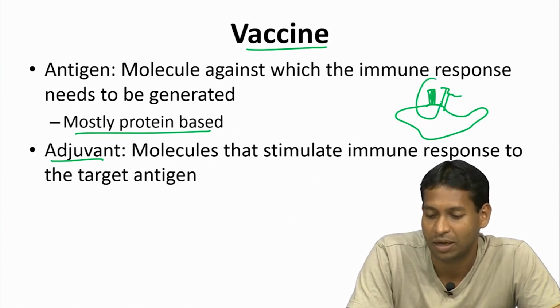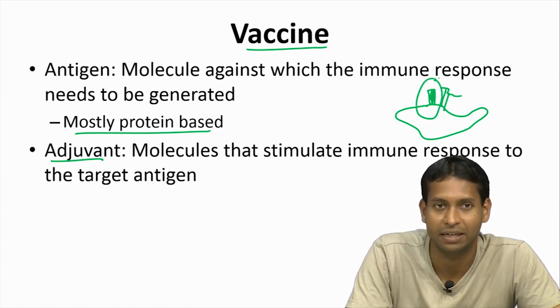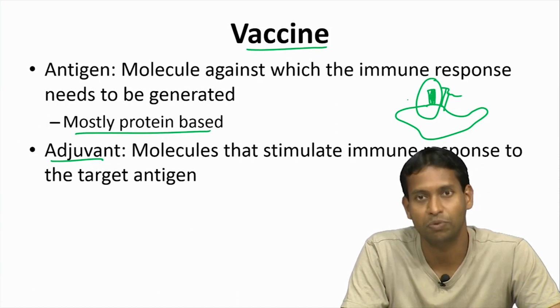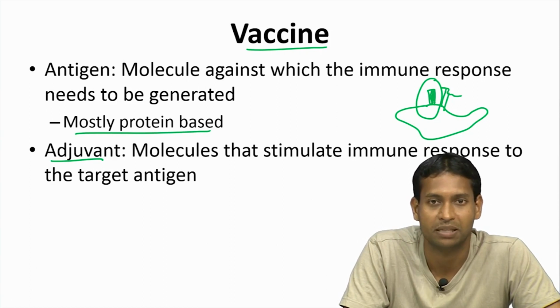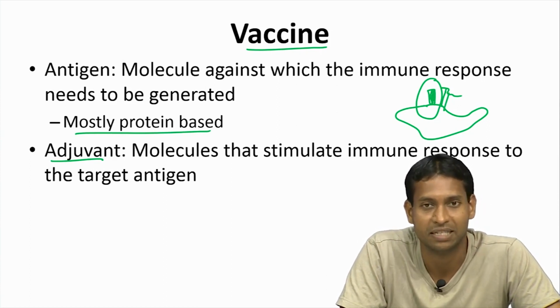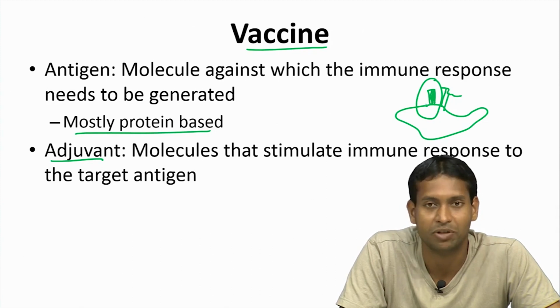So, to cause this to happen, an adjuvant is given, which is going to boost or stimulate the immune response. These could be something that is commonly seen in certain viruses and bacteria, so it is nothing but boosting the innate immune response.